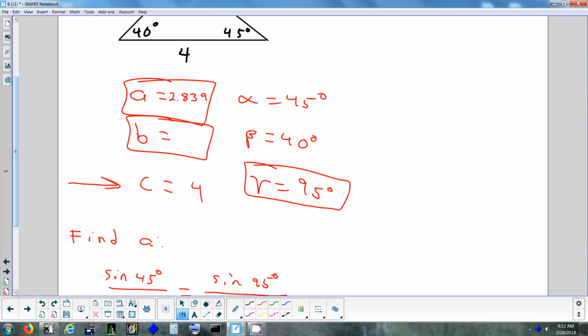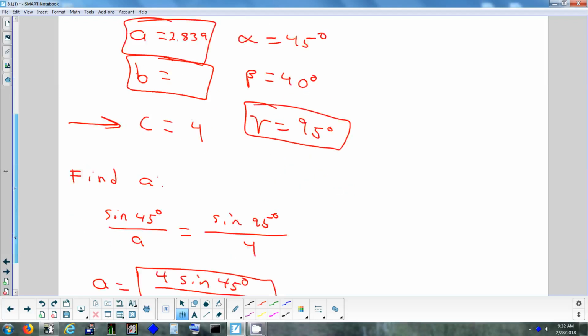I know beta is a little smaller than alpha, so I would expect B to be a little smaller than A, maybe 2.5, 2.6, somewhere around there. But I know it can't be less than 1.2. How do I know that? Because A plus B has to be bigger than 4. If B comes out to 1, 2.8 plus 1, it's not bigger than 4, that's a problem. So it's somewhere between 1.2 and probably 2.5, 2.6. So at least I know what I'm looking for.